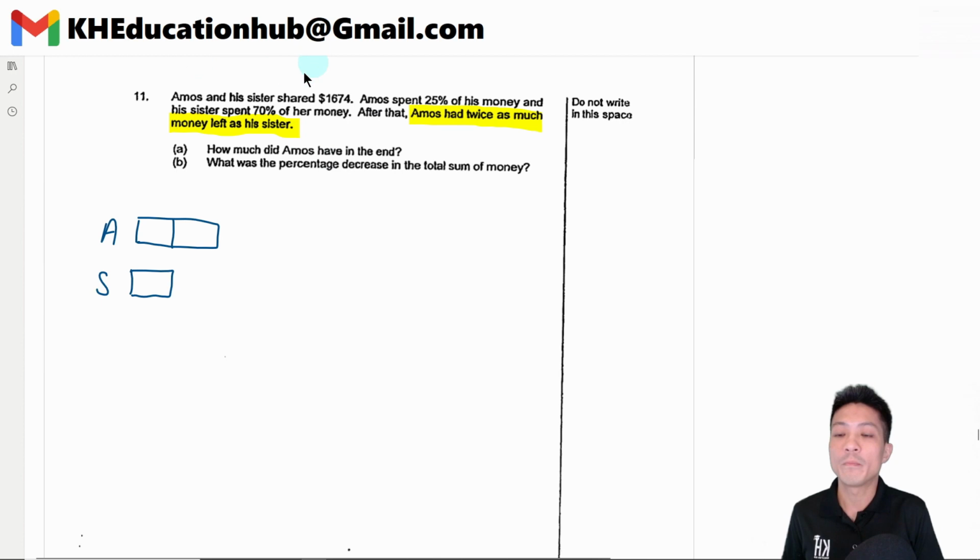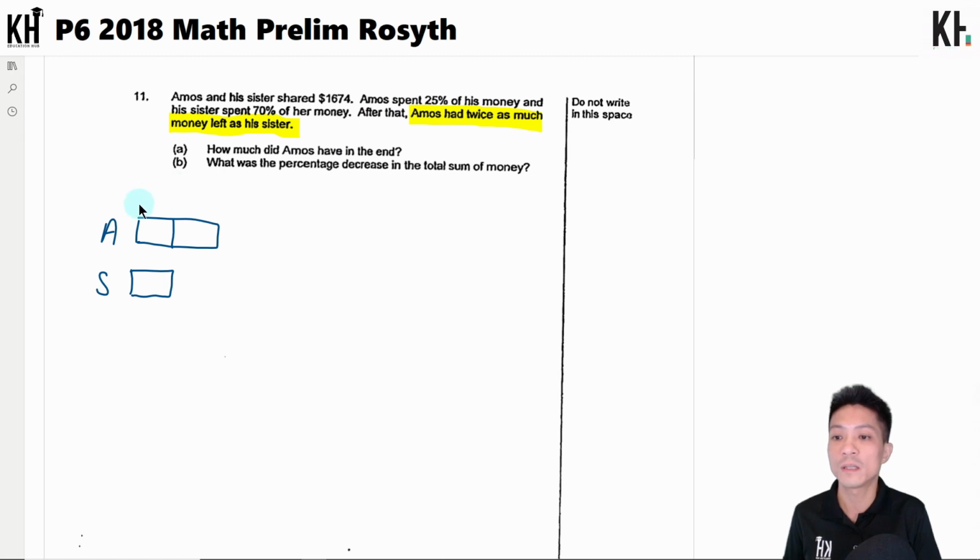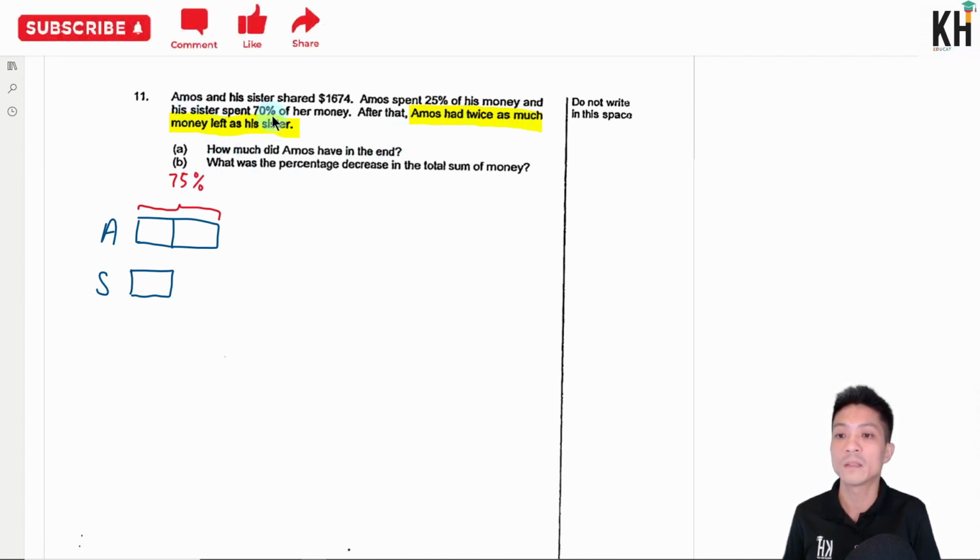Then if you look back at the question, Amos spent 25%, right? Which means that here to here is 75%. Okay, and his sister spent 70%, which means that here to here is 30%.